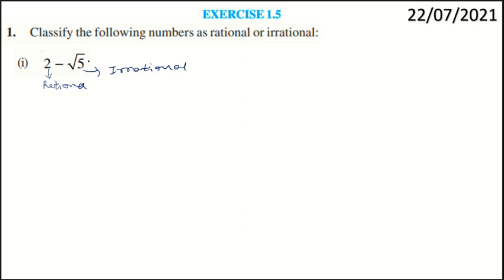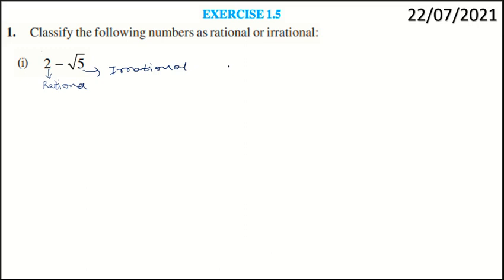Even the product of one rational and another irrational is going to give the result as an irrational number, and even the division operation done between one rational number and another irrational number results in the quotient being an irrational number.